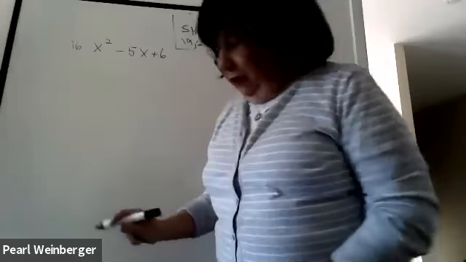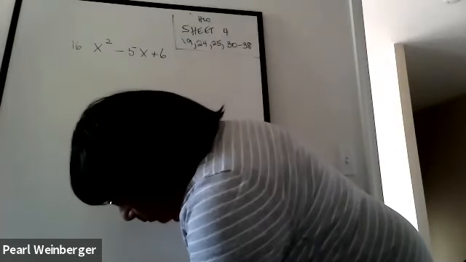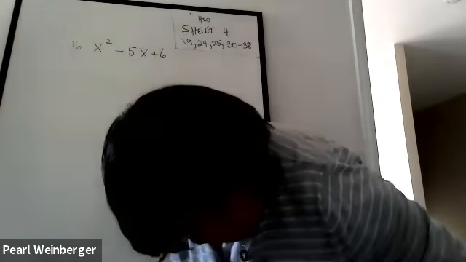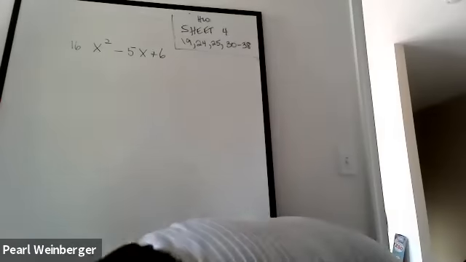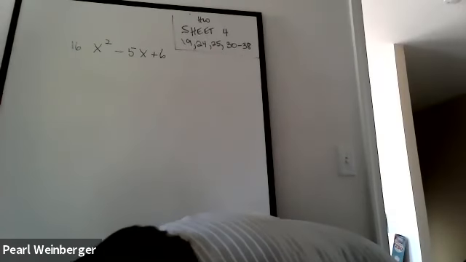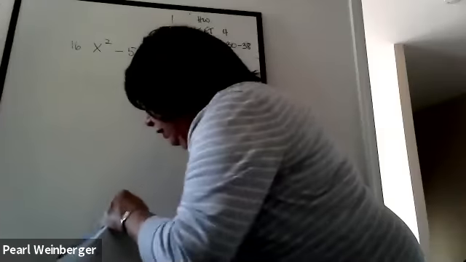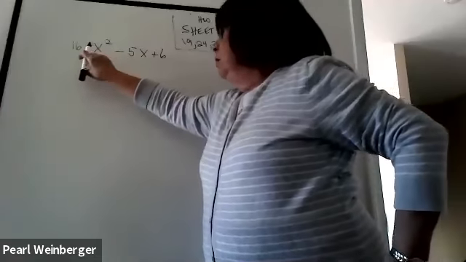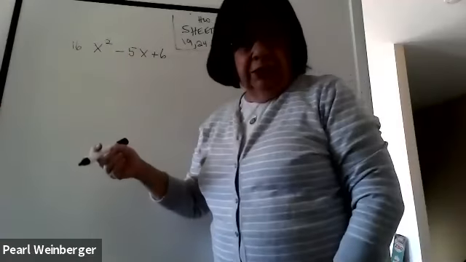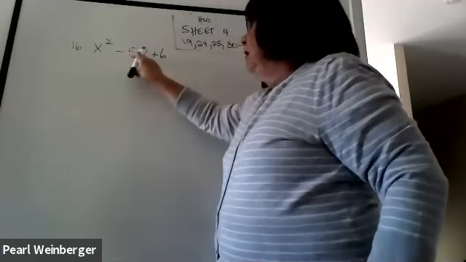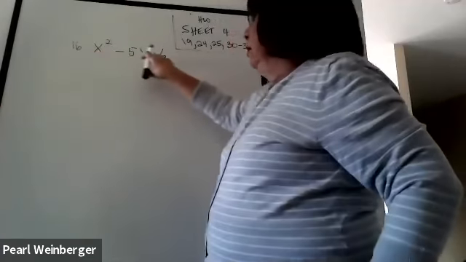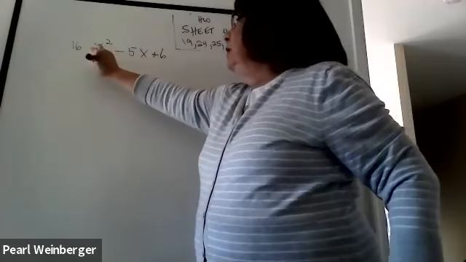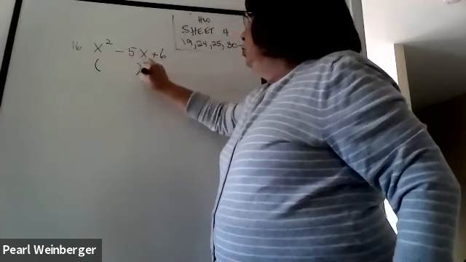And if you recall what we said, whenever we're doing any type of factoring, we're first looking for what's called a common factor. But there isn't any common factor, there isn't any number or letter that goes into all three terms. So then when we have a trinomial, we try and break it up into our two binomials.